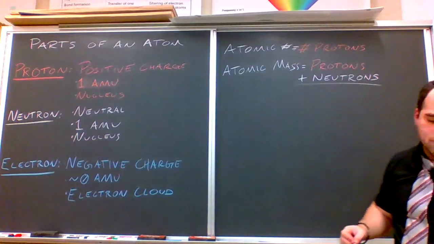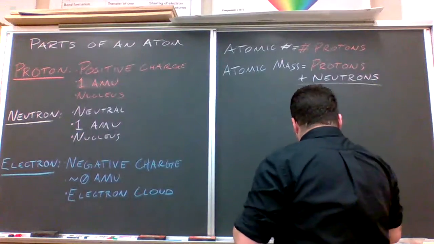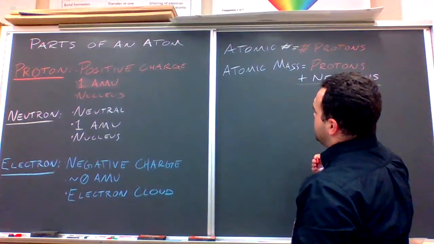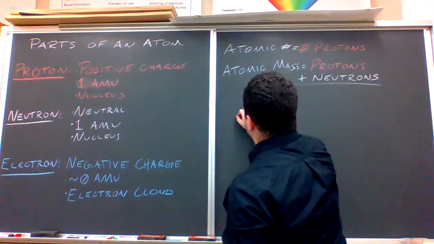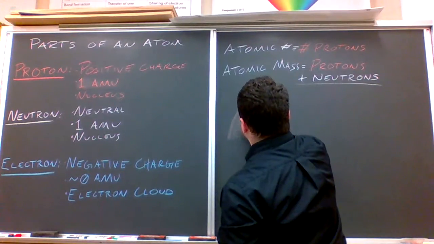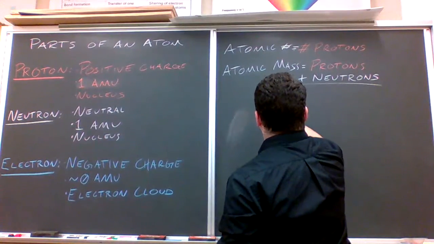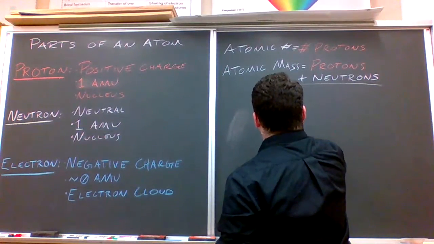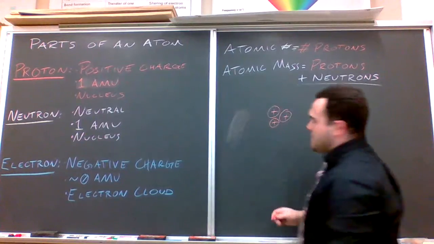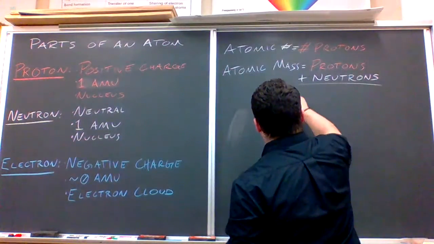All right, neutrons, protons. Let's go ahead and draw an atom. So I'm going to set up, let's go with 3 protons. So 3 protons, I'm going to slap in 3 neutrons.